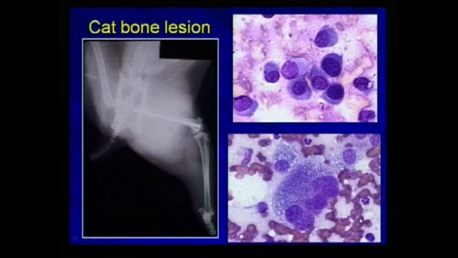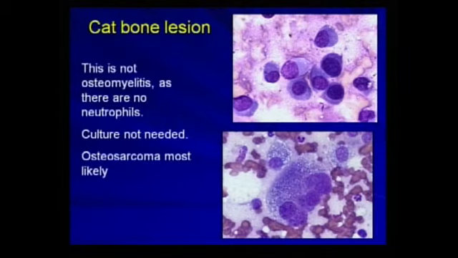So, what are you thinking? Well, it comes down to osteosarcoma or plasma cell tumor, and the two of those can be very difficult. But with these large multinucleated cells, osteosarcoma is the most likely diagnosis.